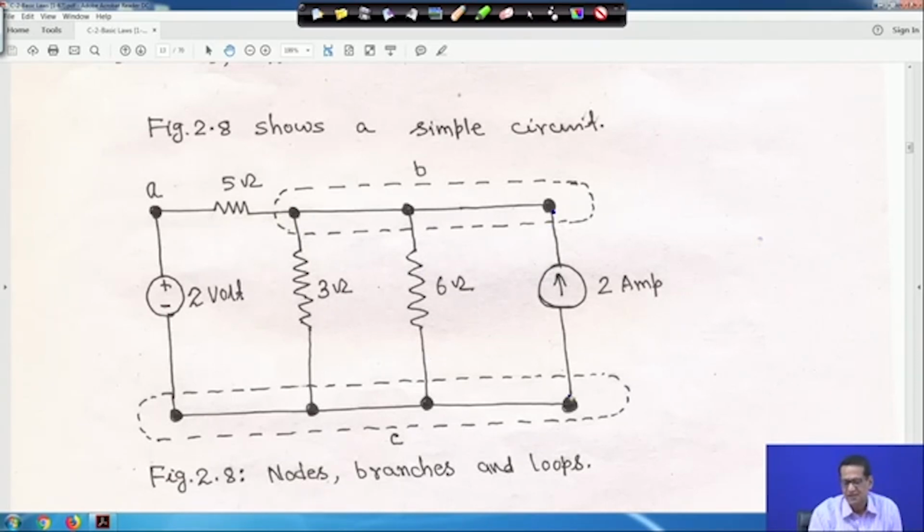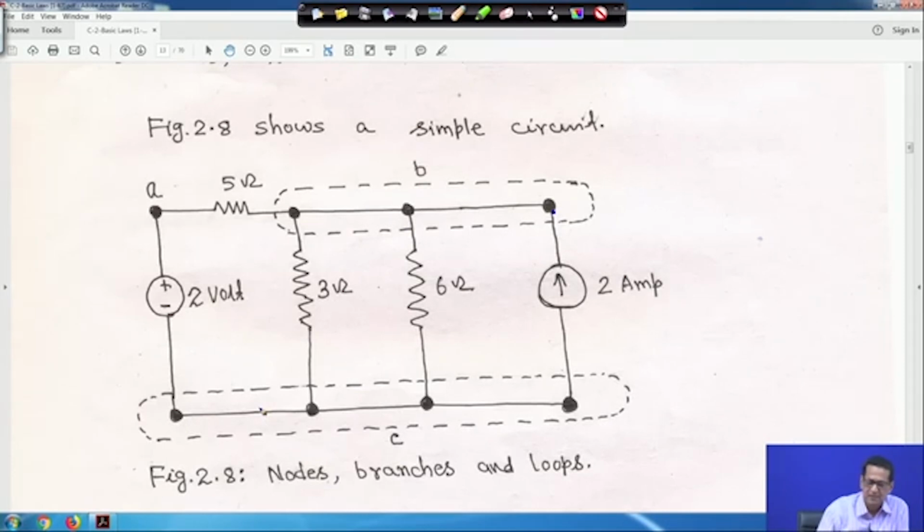Now all these 3 points are connected by wire, and these 4 points, 1 2 3 4, are also connected by wire. Because wire has negligible resistance, these 3 points can be clubbed together, and all 4 points can be clubbed together.